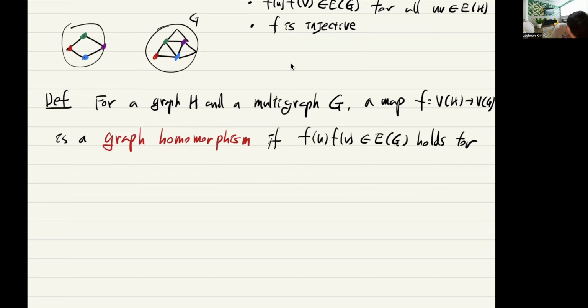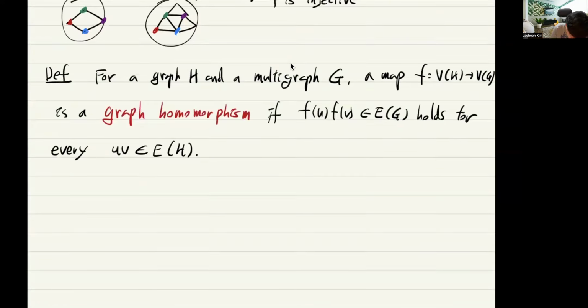It holds for every pair UV which are adjacent in H.